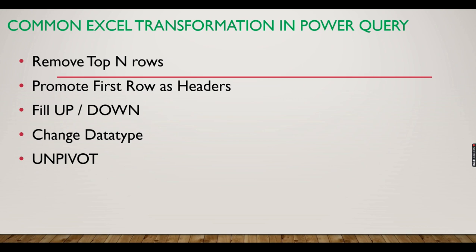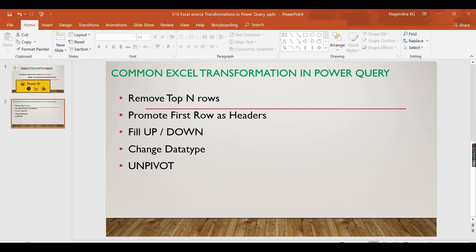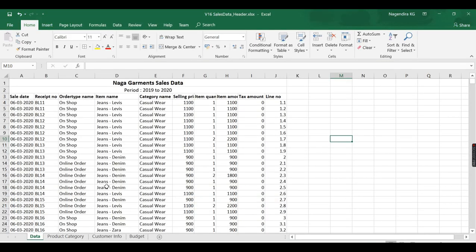Let us see the data and what scenarios you will have to use these options. As I said before, Excel is not always straightforward. It doesn't always have structured data. Most people won't maintain it properly, so they have some headers.